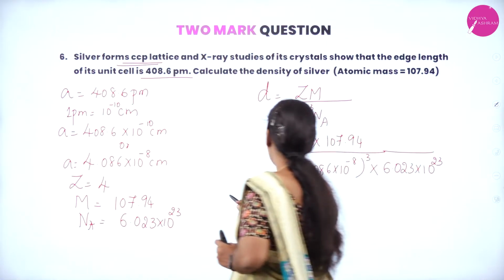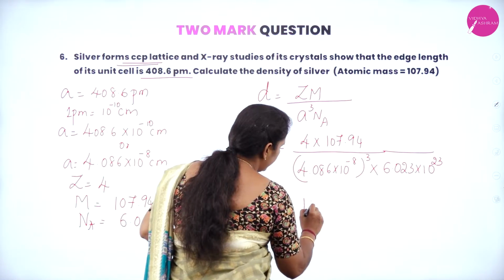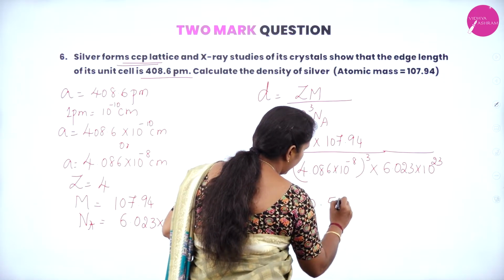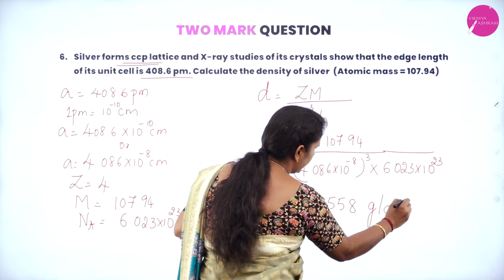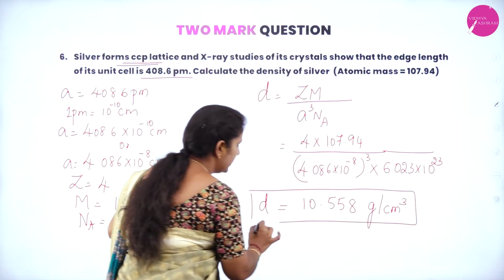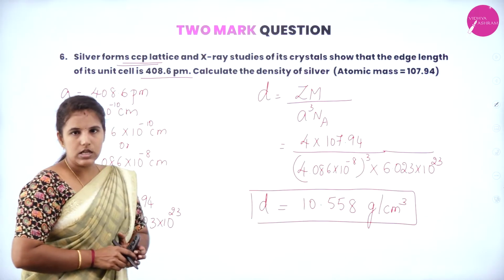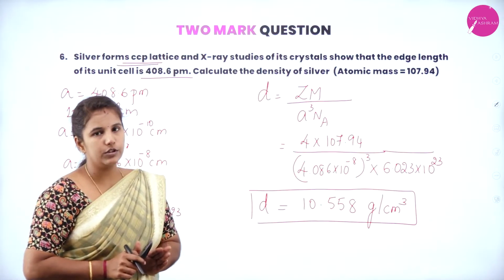Okay. Now, if you solve these, you will get 10.558 gram per centimeter cube. So, this is the density value. This is how you need to answer the question for the 2 marks.